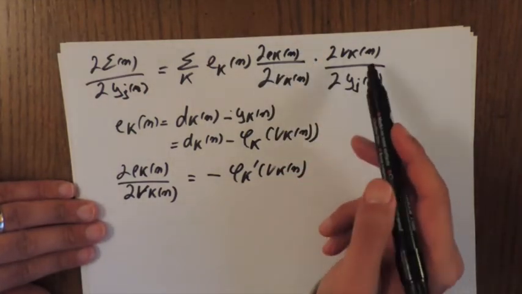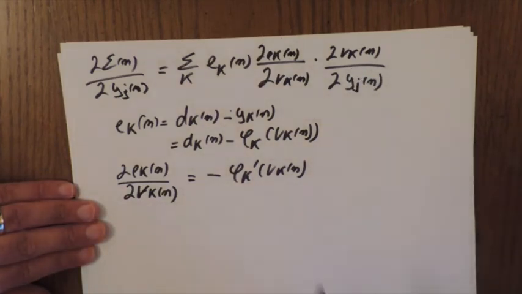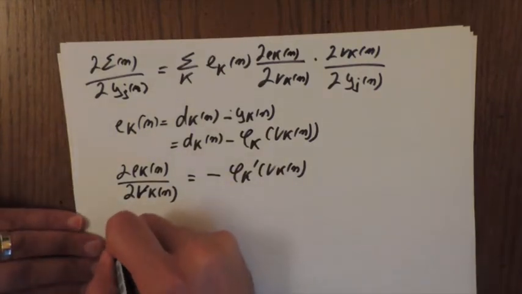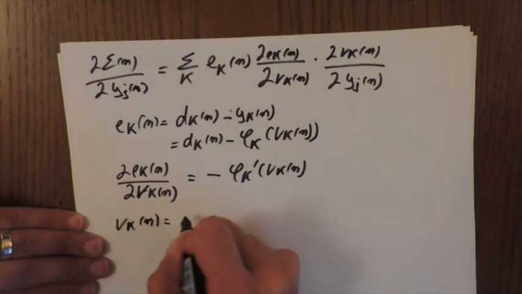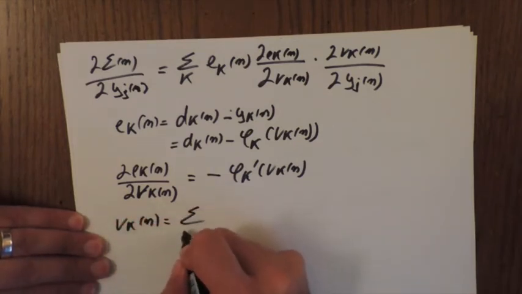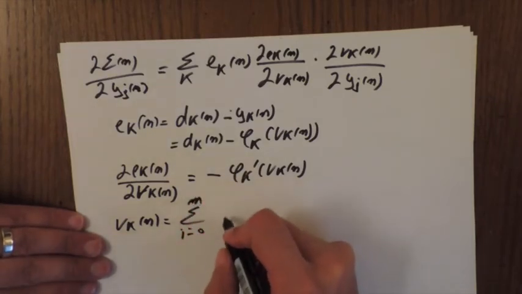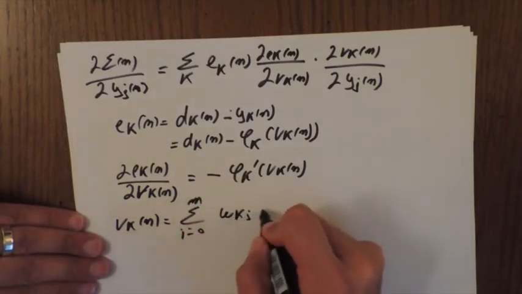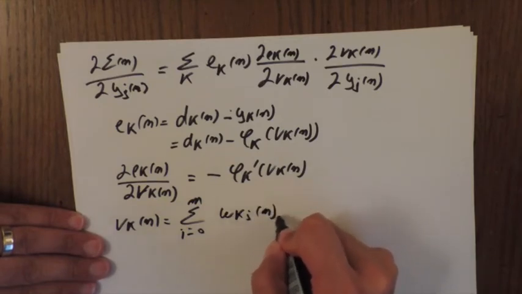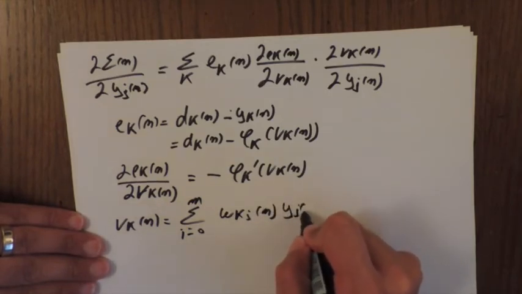Now we need to figure out the derivative of the induced field with respect to the output neuron. So we know that vk of n is equal to the summation for i equals 0 to all the inputs we have, wkj of n times yj of n.